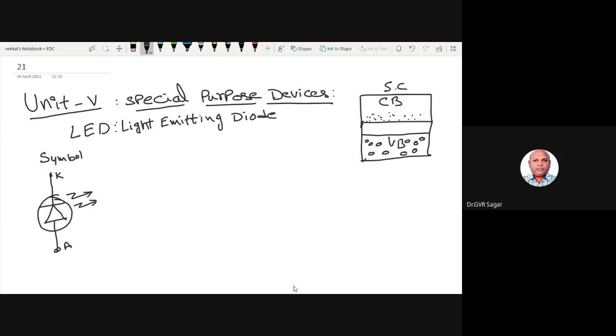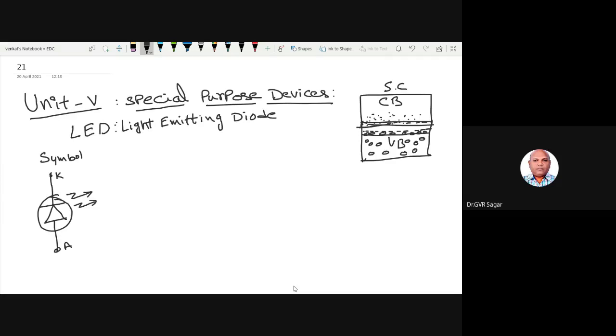If it is p-type, a special energy level is created above the valence band, called the acceptor energy level, right? So here majority of holes are there, and here majority of electrons are there.